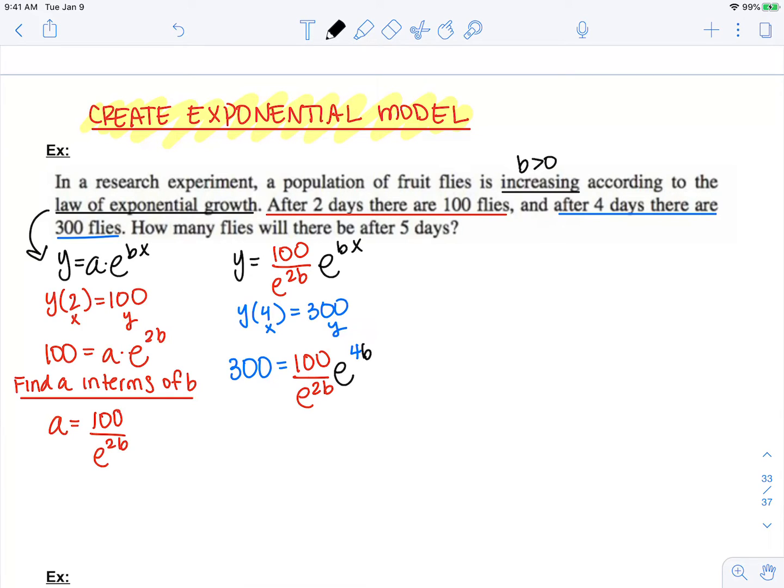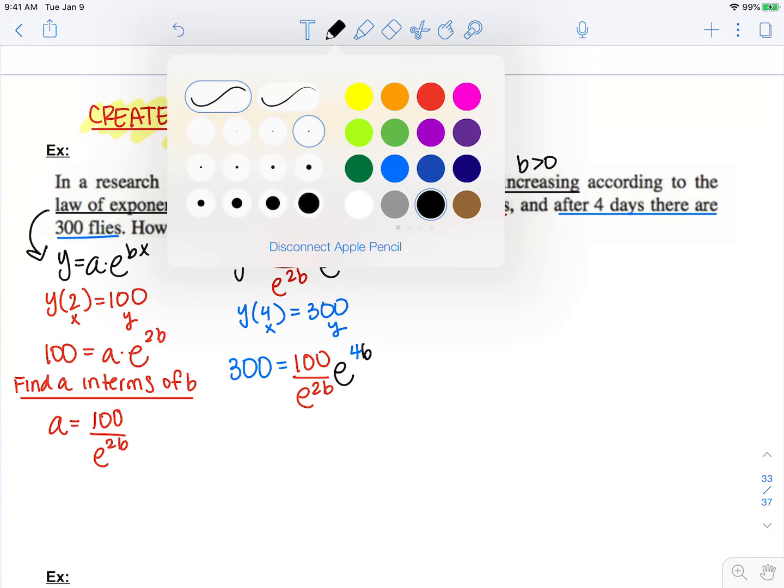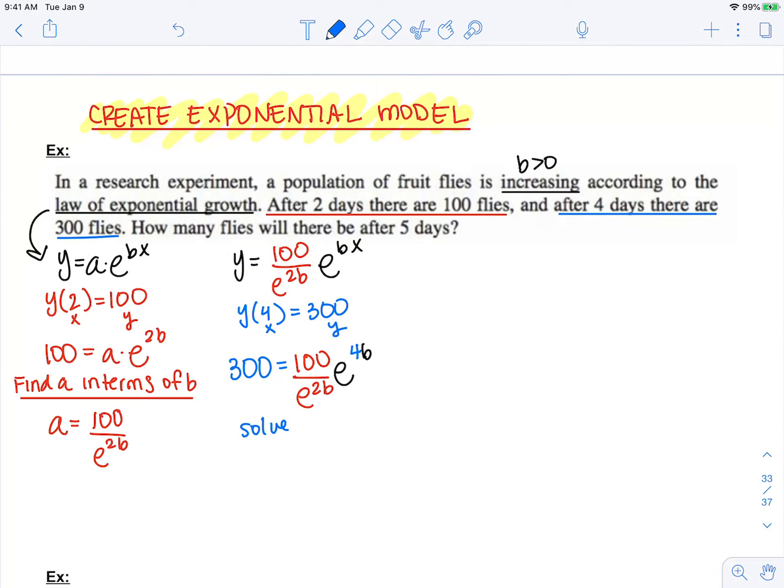So now we are going to solve for b. If I use properties of exponents, e to the 4b over e to the 2b, if I subtract my exponents, 4b minus 2b makes e to the 2b.